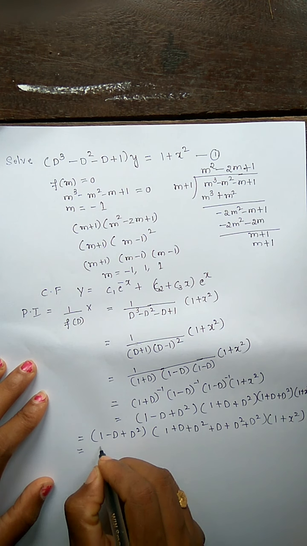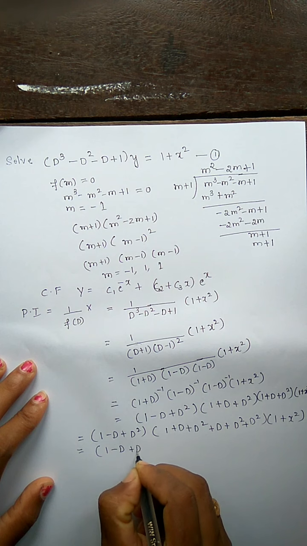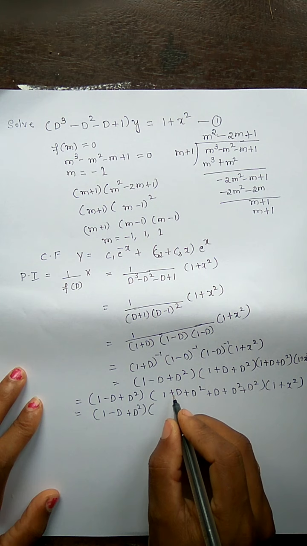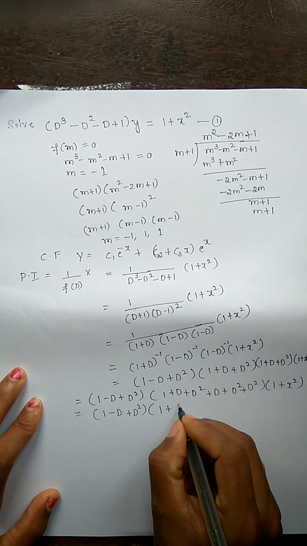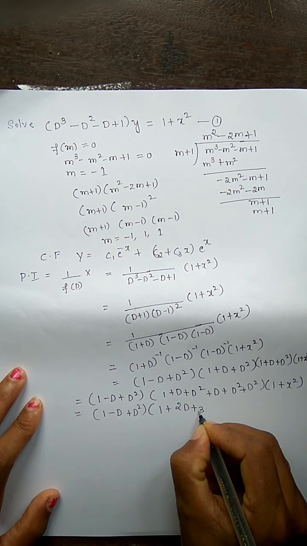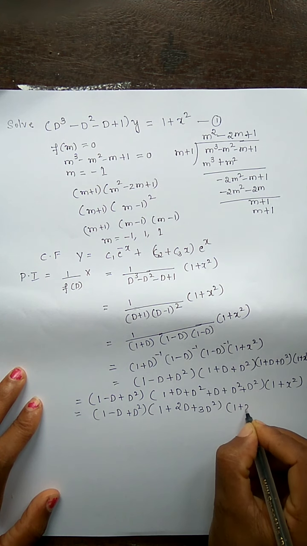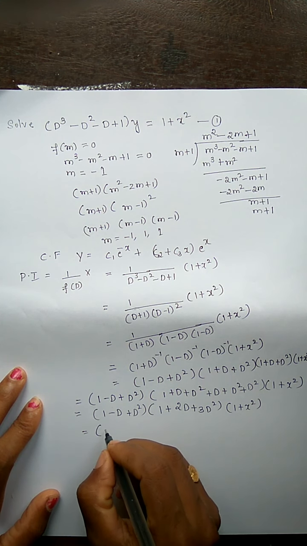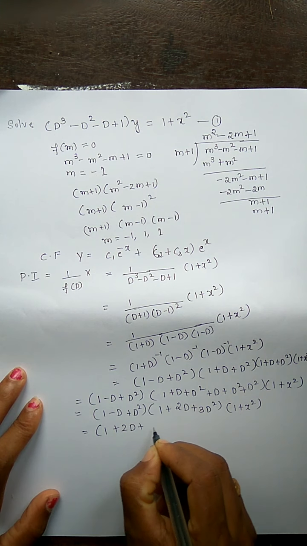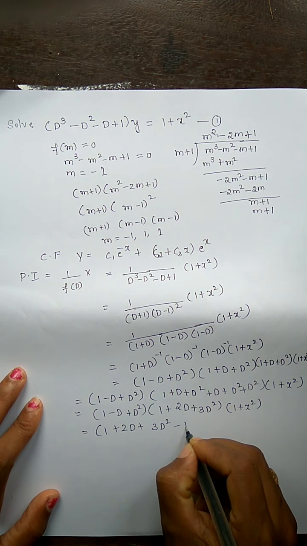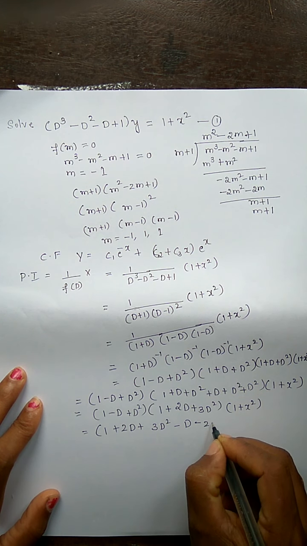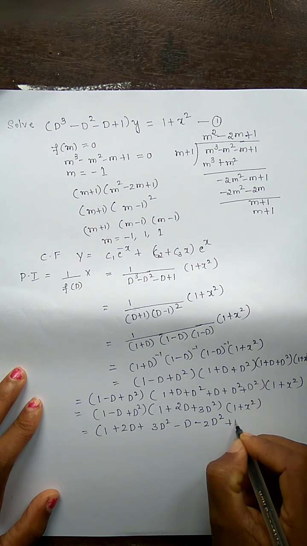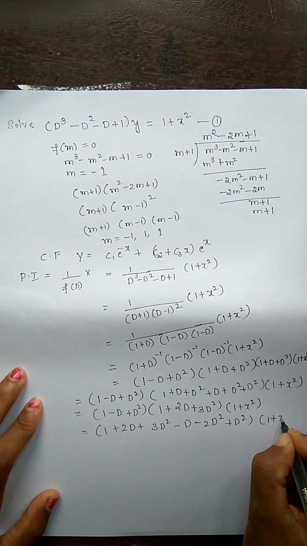Further simplifying, that is equal to (1 minus D plus D square) into (1 plus 2D plus 3D square) into 1 plus x square. Multiplying this: 1 plus 2D plus 3D square minus D minus 2D square, and the next terms with D cube I don't want to write, plus D square, into 1 plus x square.